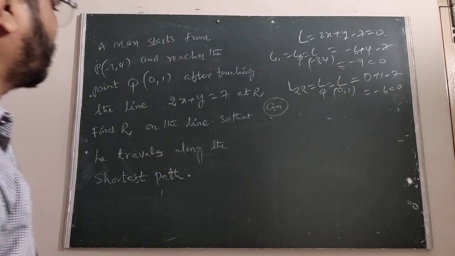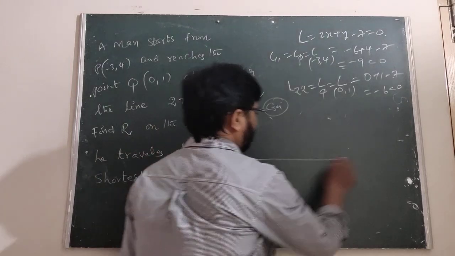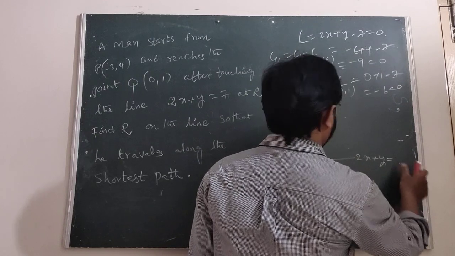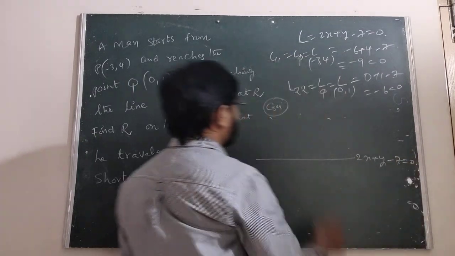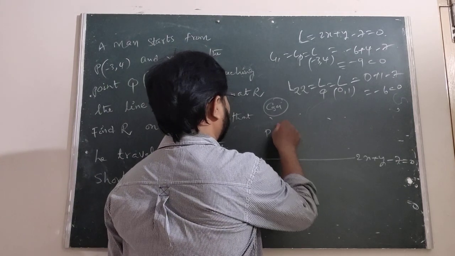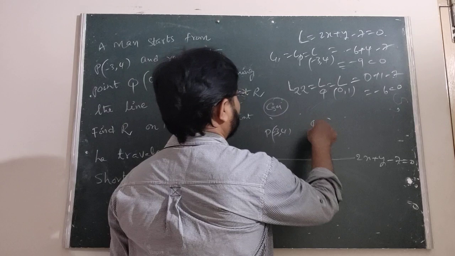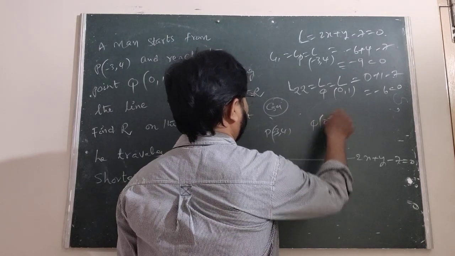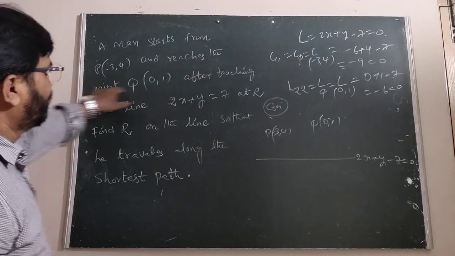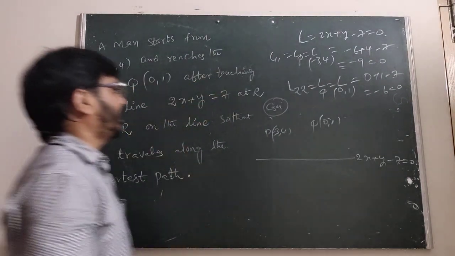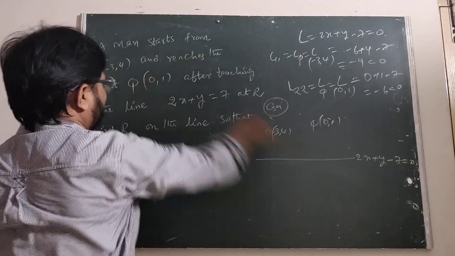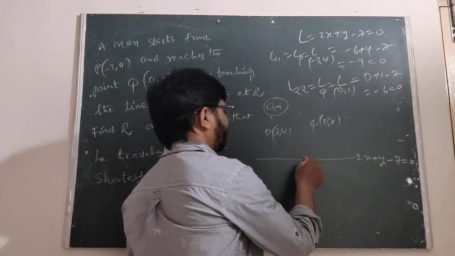Therefore P and Q are on the same side of the line 2x plus y minus 7 equal to 0, where P is minus 3, 4 and Q is 0, 1. Now, the man starts from P and reaches Q after touching the line at R.